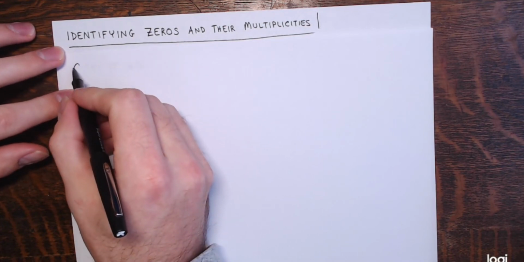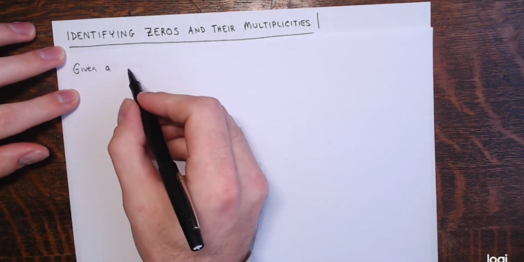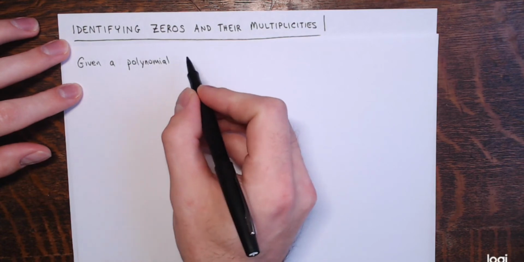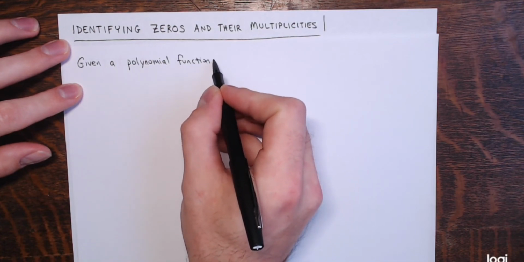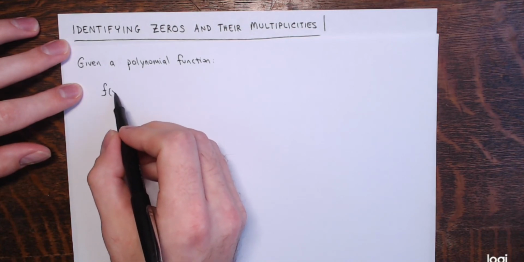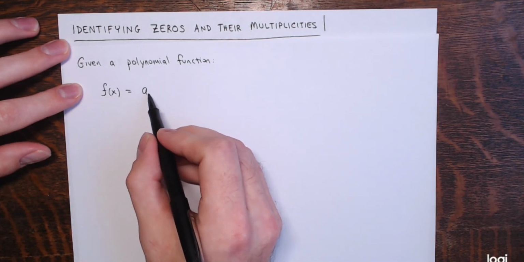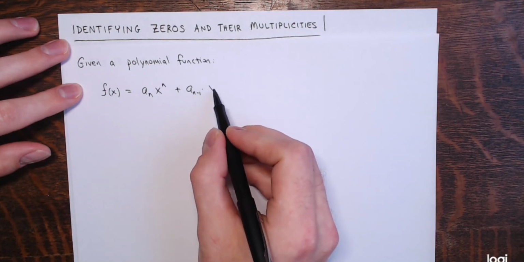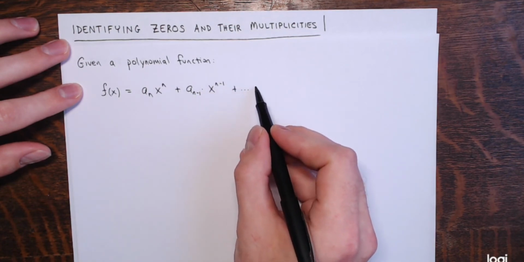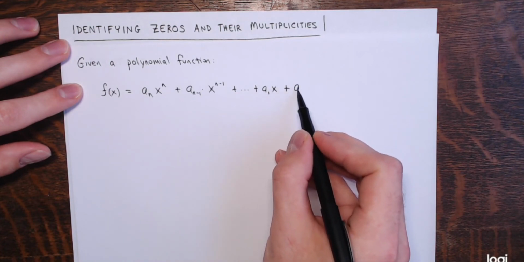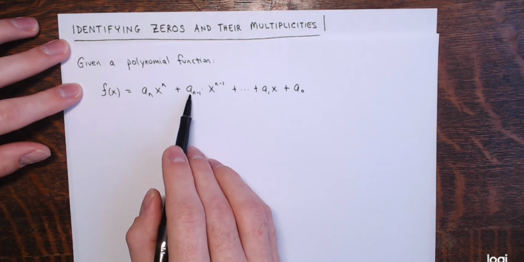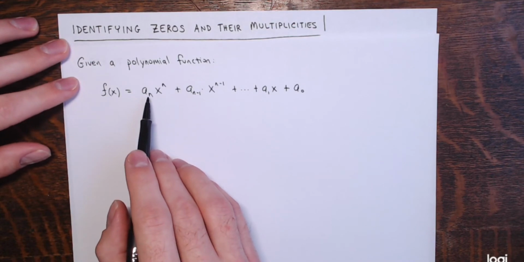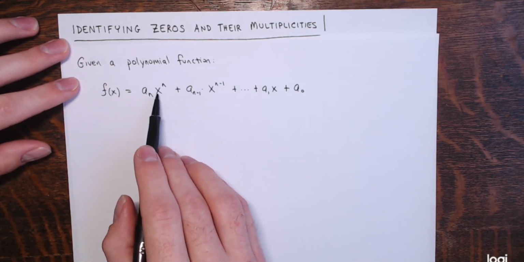Alright, so suppose we're given a polynomial function, and you should know what those look like by now. f of x equals a sub n times x to the nth plus a sub n minus 1 times x to the n minus 1 plus dot dot dot plus a sub 1 times x plus a sub 0, where all these a's are just real number coefficients, and the variables are all to whole number powers, right?